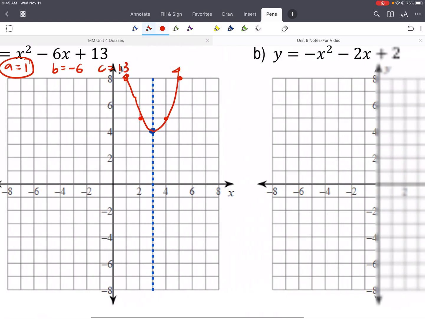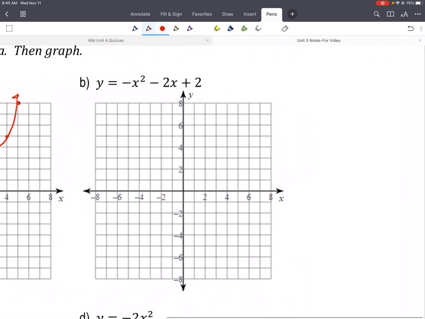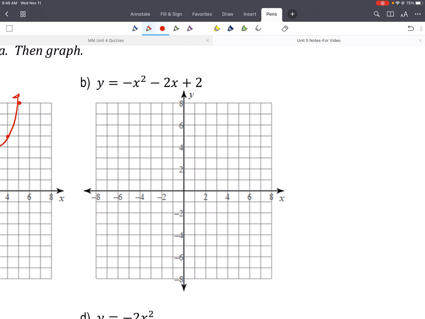Let's do b together as well. Again, we want to find our axis of symmetry, x equals negative b all over 2a. Here a is negative 1, b is negative 2, c is 2.